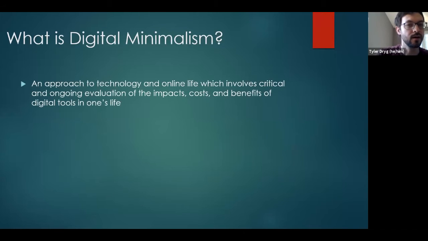All right. So what is digital minimalism? It sounds really fancy, but what does it actually mean in concrete terms? So digital minimalism is an approach to technology and online life which involves critical and ongoing evaluations of the impacts, costs, and benefits of digital tools in one's life.